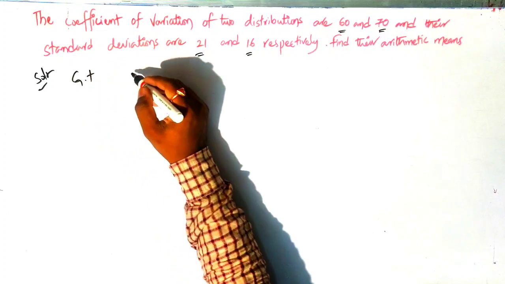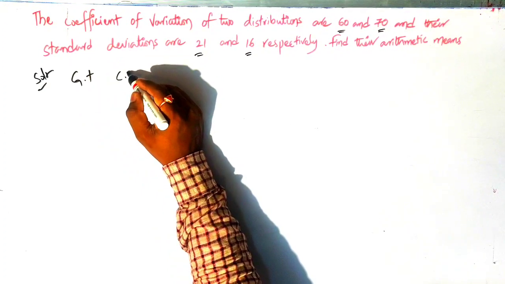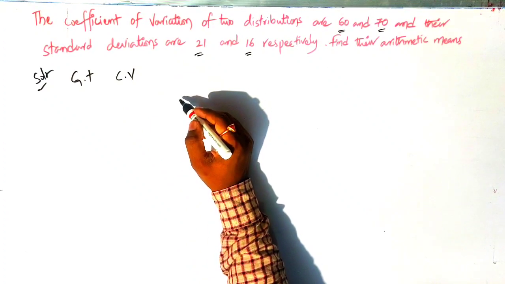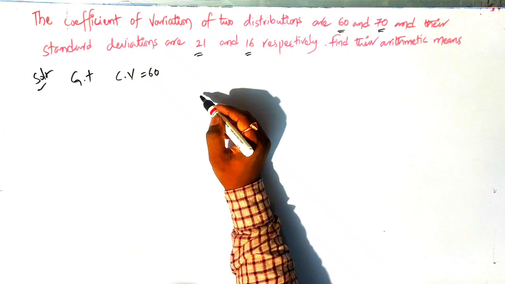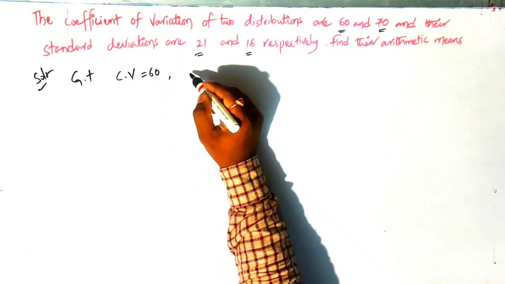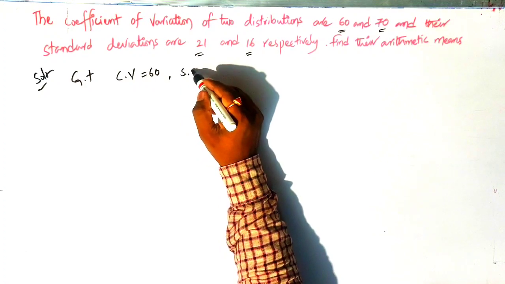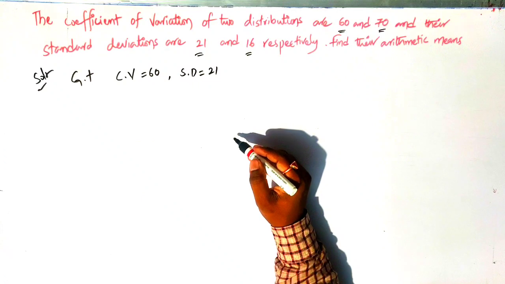Given that the coefficient of variation, denoted by CV, is equal to 60, CV1 equals 60 and standard deviation SD1 is equal to 21. Clear.